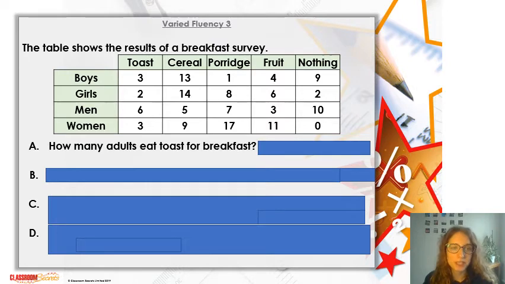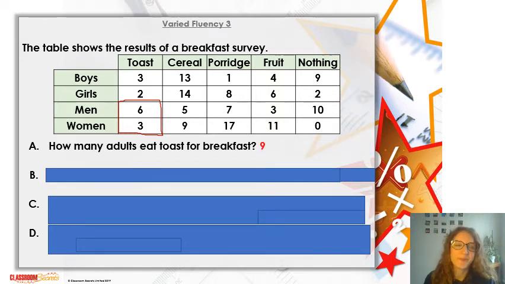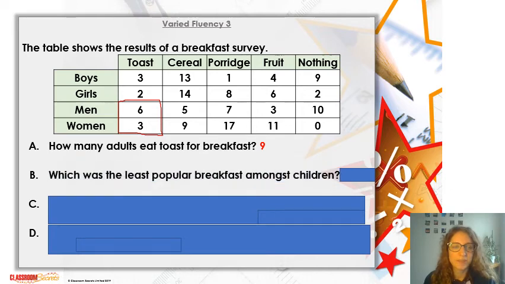So we've got boys and girls. Would assume they are children, and then men and women as the adults. We don't need to worry about any of these other columns at the moment, just our adults and toast. Okay, so add those together and hopefully you've got 9. Okay, let's look at our next question.